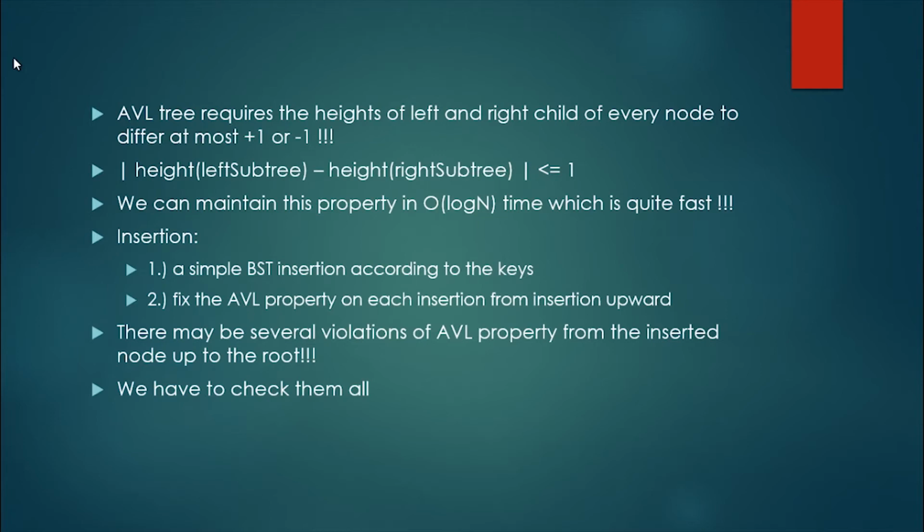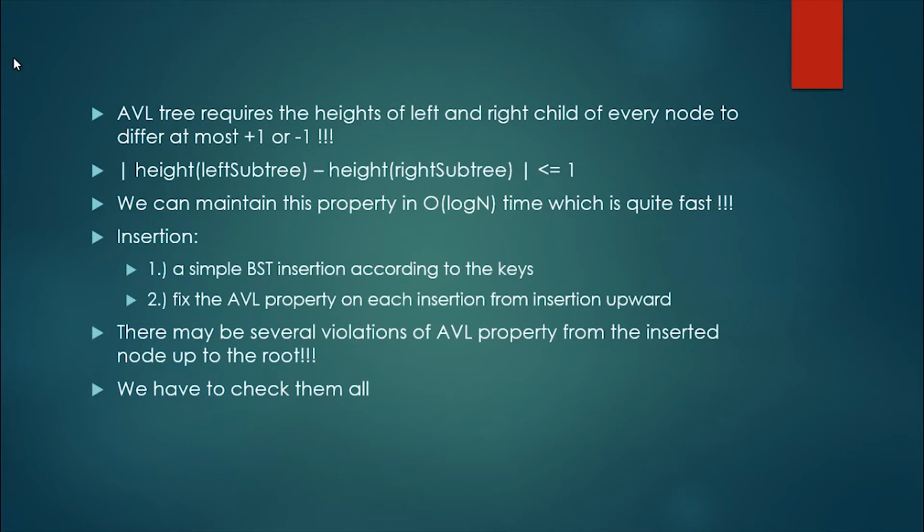On the other hand, when we want to make insertions, we have talked about insertions in the binary search tree video, and we just have to make a simple binary search tree insertion according to the keys. What are these keys? If we are talking about numbers, these are the numbers we assign to each node.